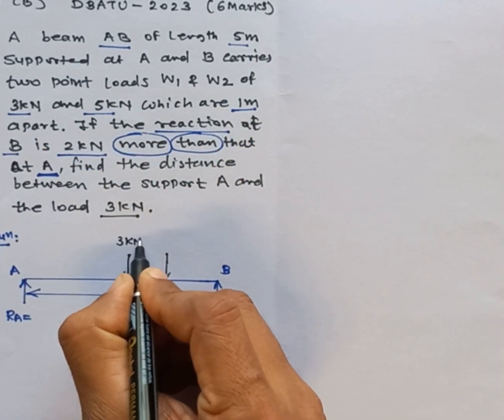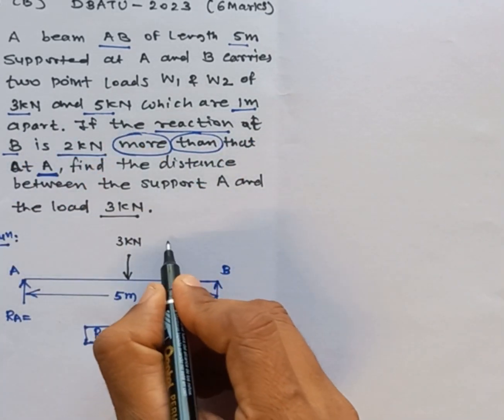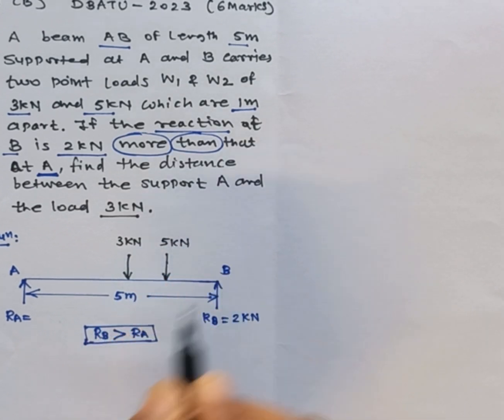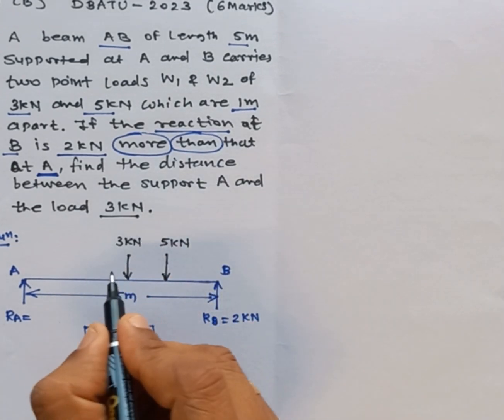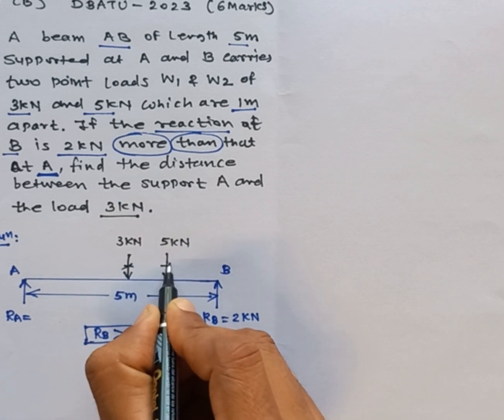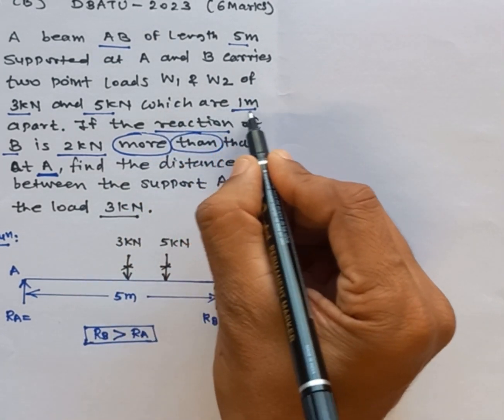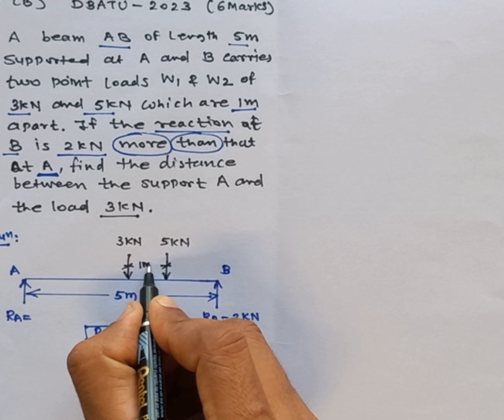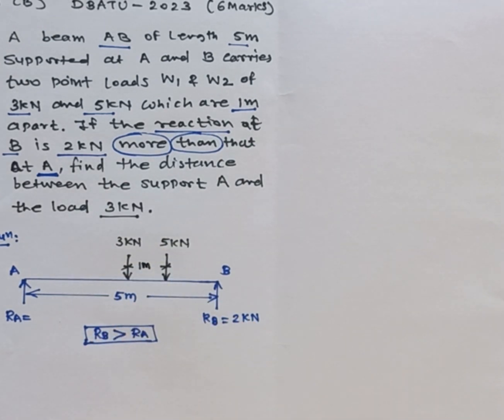So the first load I am showing is 3 kilonewton and the second load is 5 kilonewton. Where they are acting from B is not known, but they are 1 meter apart, so show 1 meter apart. I hope it is clear to you.